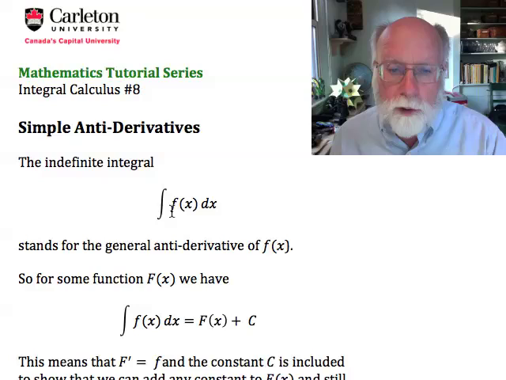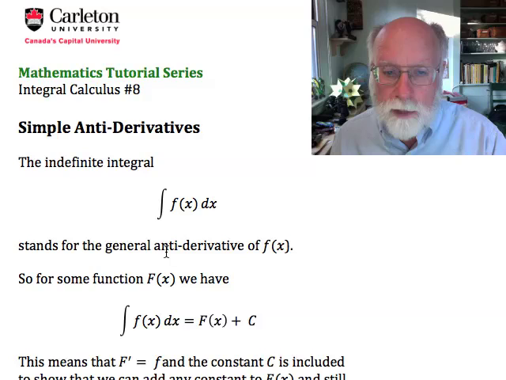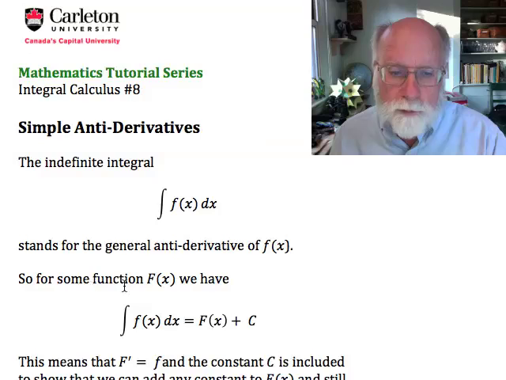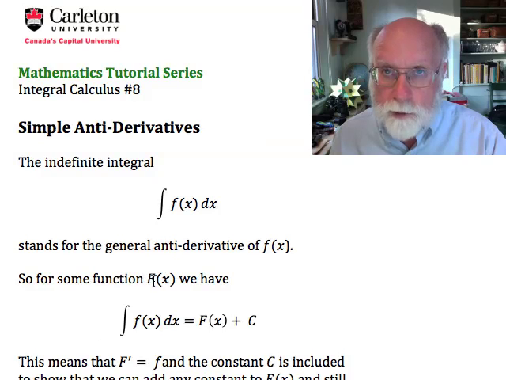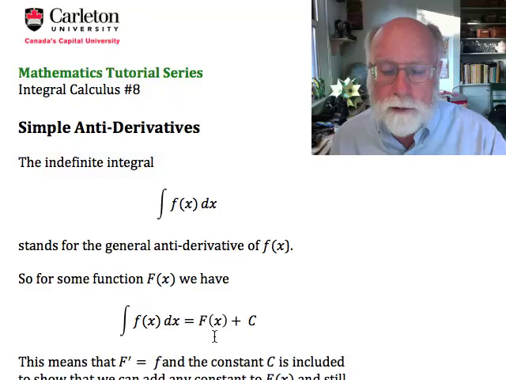And so when we talk about the integral of f of x, we are usually just meaning the antiderivative of f of x. This means that for some function capital F of x, we could write the integral of f of x dx as capital F of x plus a constant.